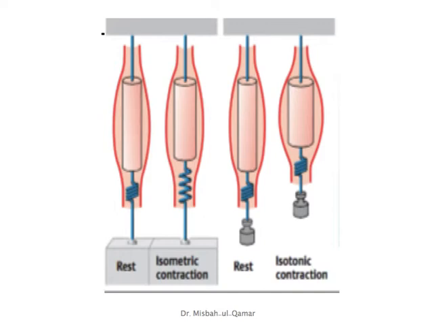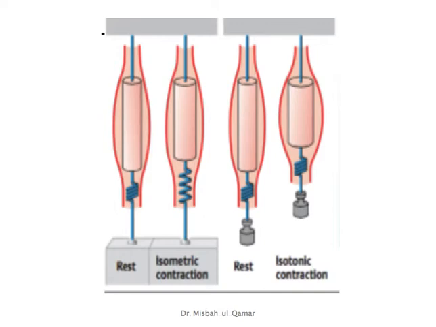Well, let's start with the isometric contractions. Where you see the word metro, it means to measure, especially to measure the length. In the isometric type of muscle contraction, there is no decrease in the muscle length.